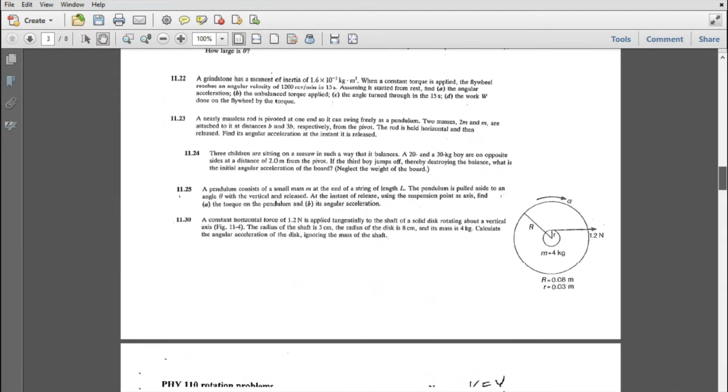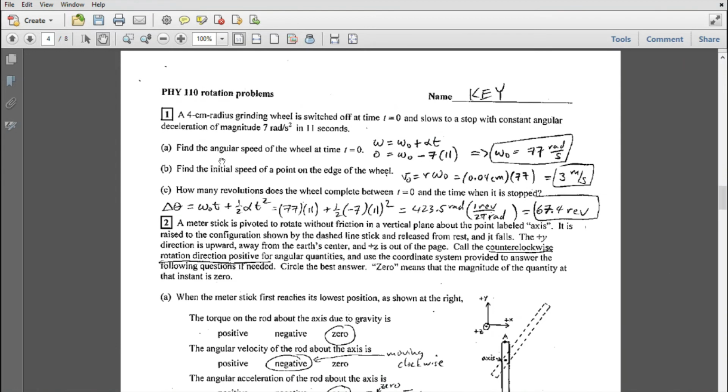So let's go down to the solution to problem 1. Find the angular speed of the wheel at time t equals 0. We know it goes to rest with a certain angular acceleration in a certain time, so we can use our constant kinematics equation. Omega final equals omega initial plus alpha times t.